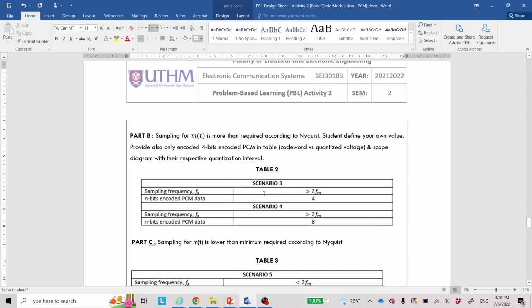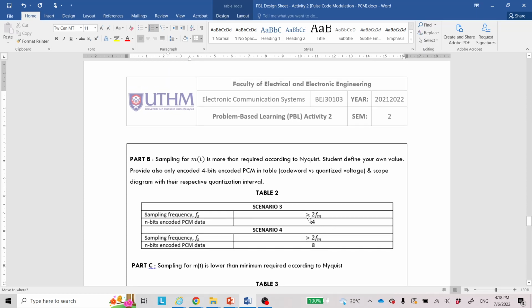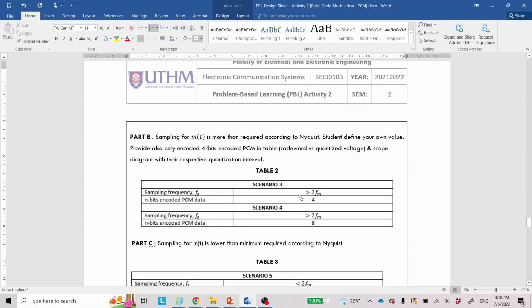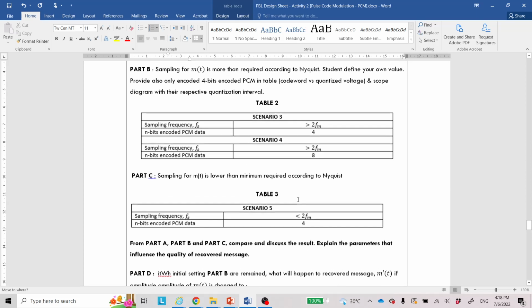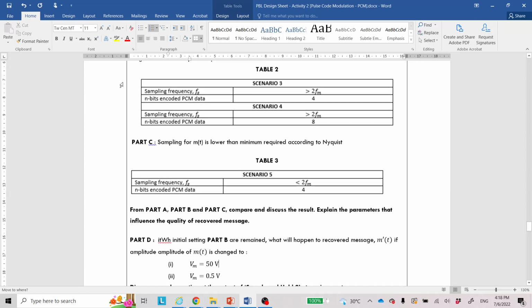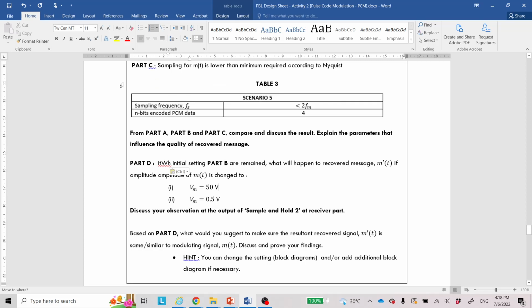From part B, you need to sample more than 2 FM and use 4 or 8 bit. Now for part D, we are using the setting in part B, but we are changing the input MT. The input signal is changed. The amplitude of the input signal is changed to 50 volt and also 0.5 volt.